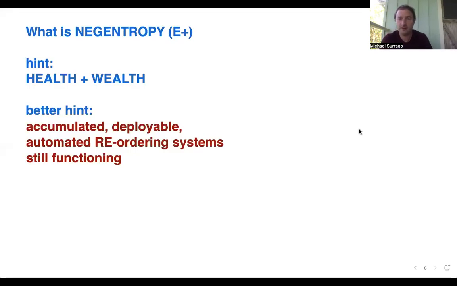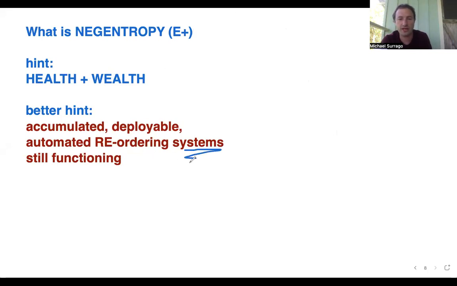All right. So what is negentropy? So here's a hint. It's health and wealth. Here's a better hint. It's accumulated, deployable, automated reordering systems. So we got that great word in there, systems, that you hear all the time.